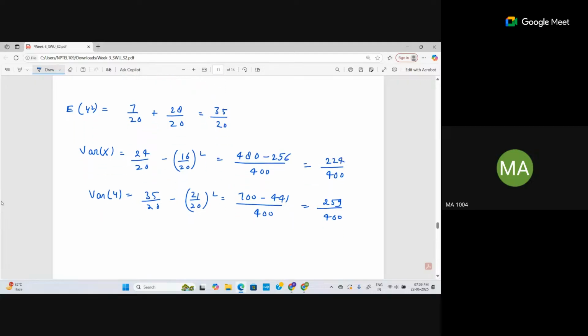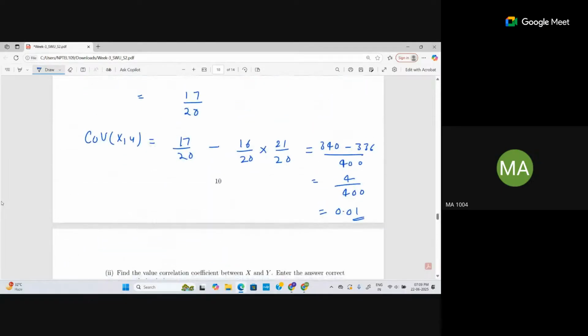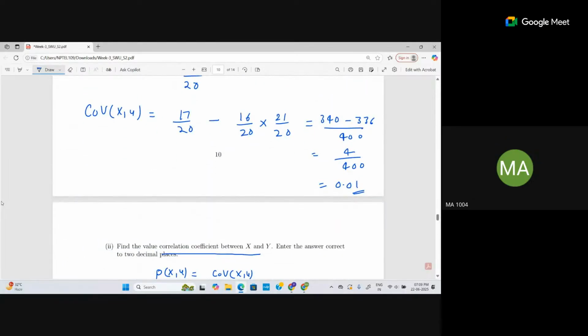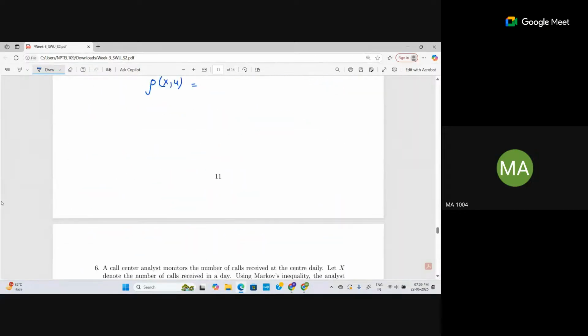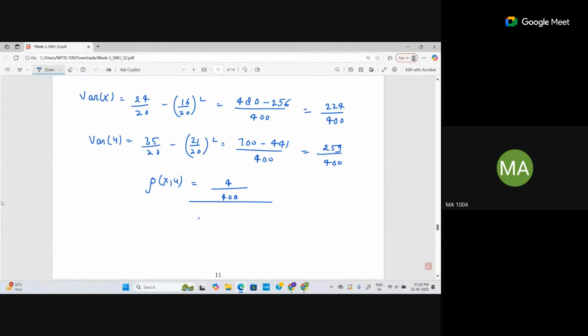Okay, now just put the values. So the correlation. Our covariance was 4 divided by 400. So 4 divided by 400 and then divided by the square root of the variances, since these are variance. So square root of 224 divided by 400 into 259 divided by 400.